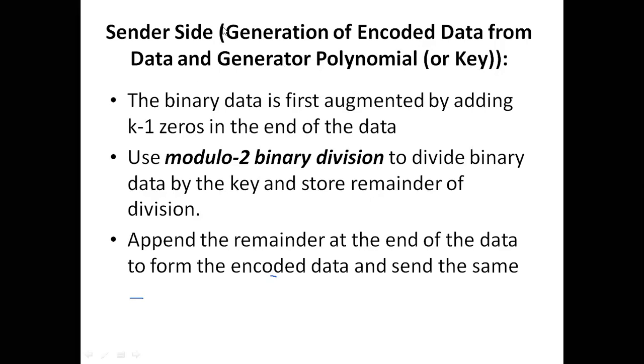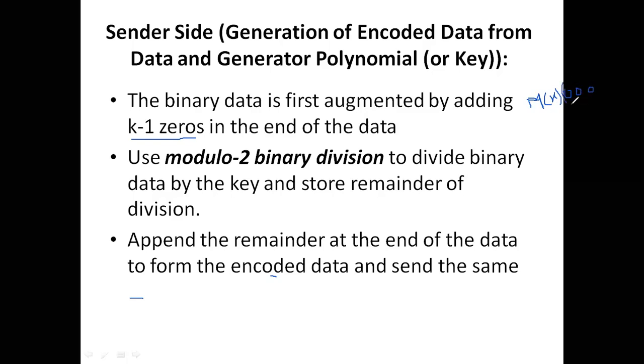Whatever message the sender wants to transmit is m of x, and k minus 1 zeros are added to it before doing the polynomial division. So k minus 1 zeros will be added here.